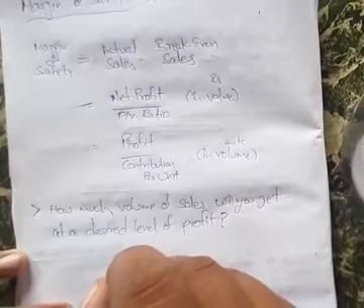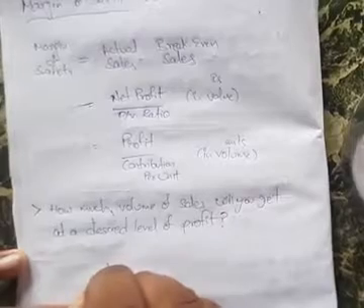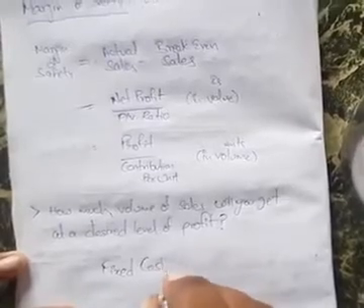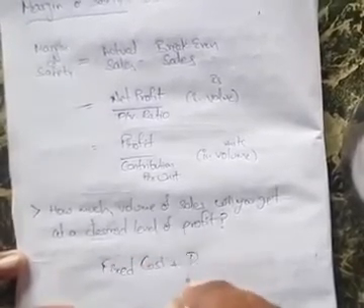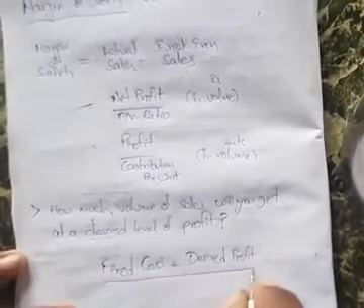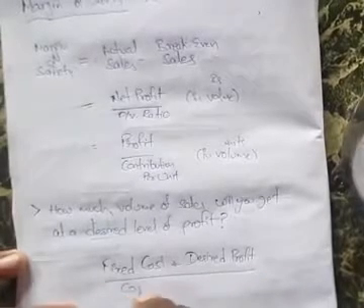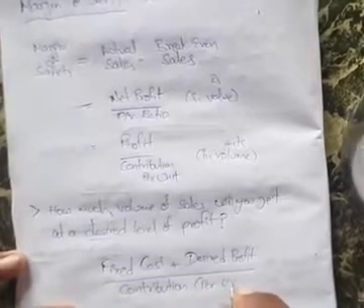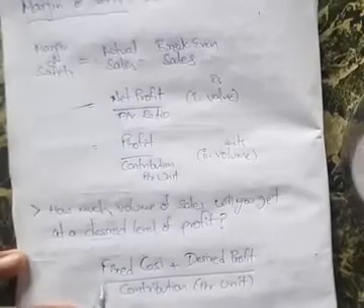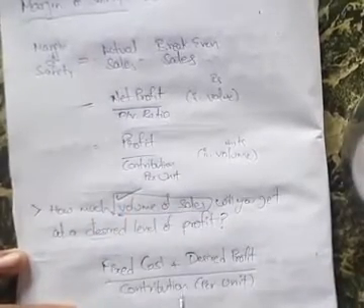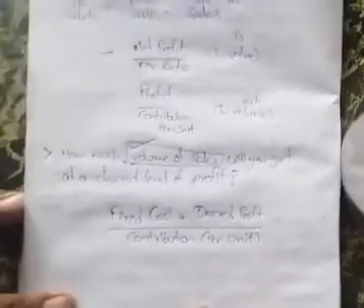This could be answered by a formula known as fixed cost plus this desired profit divided by contribution per unit. Since we discussed volume here, the contribution we say is contribution per unit.